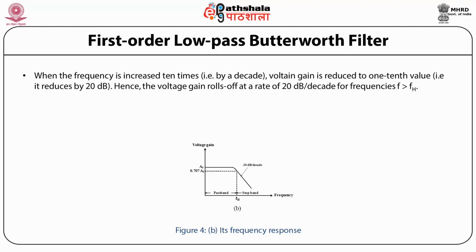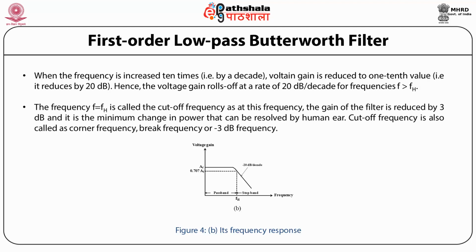When the frequency is increased 10 times, that is, by a decade, the voltage gain is reduced to 1/10 value. That is, it reduces by 20 decibels. Hence, the voltage gain rolls off at a rate of 20 dB per decade for frequencies f greater than fH.